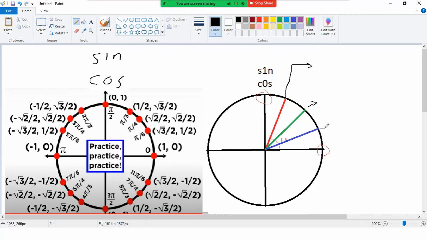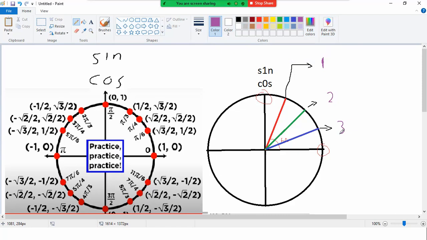Right here, and then right here. Okay, so going down, I'll say 1, 2, 3. Right? 1, 2, 3. Perfect.